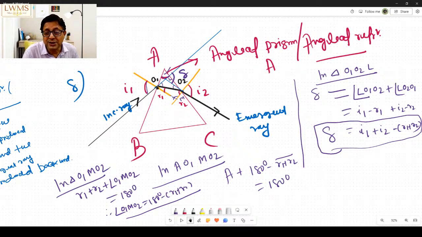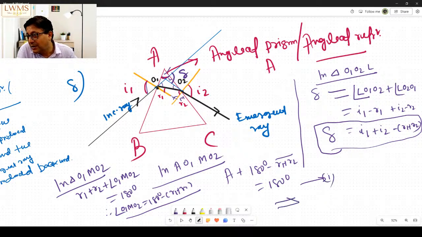Clear? So this relation is valid. From here what do you get? A equals R1 plus R2.